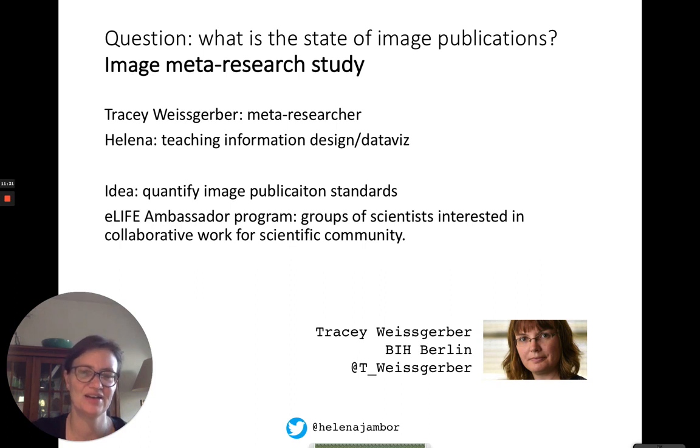I have had a lot of experience teaching information design and data visualization, and our joint idea was really to quantify image publication standards in a meta-research study. The group that formed came from the eLife Ambassador program, so we gathered a lot of people that were really interested in doing collaborative work for the good of the scientific community.